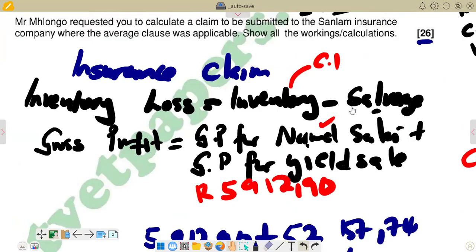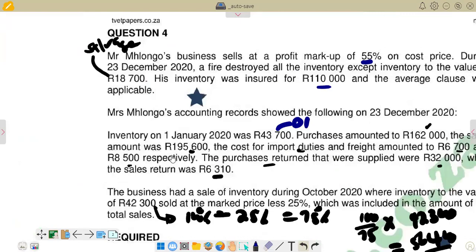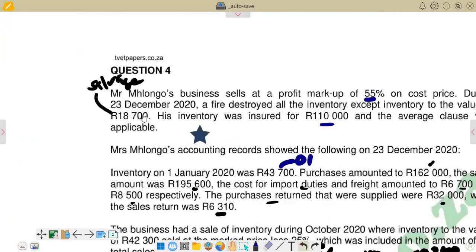Your inventory figure is the one that we found in the trading account, which is 57,680.64. Then we subtract your salvage. We said we found the salvage at the beginning of the question, and the figure for salvage is 18,700.